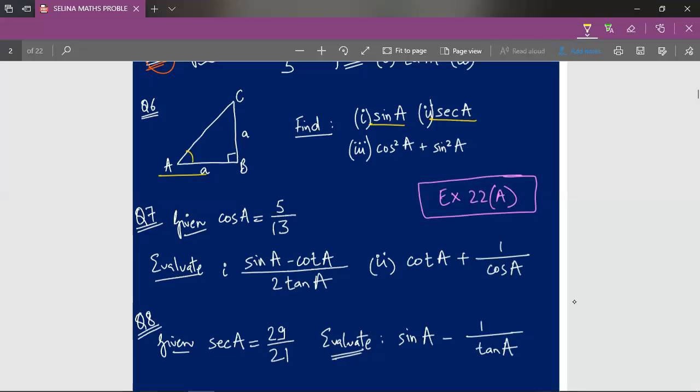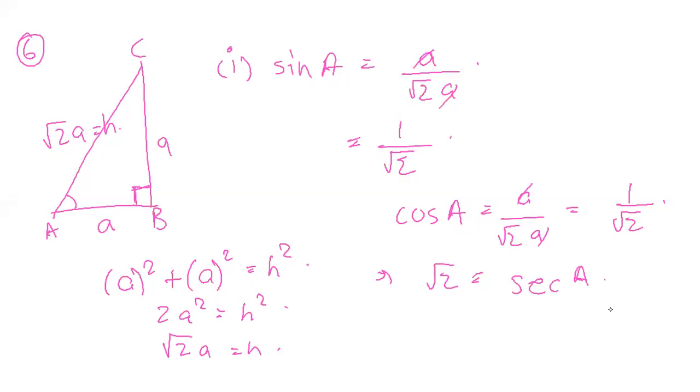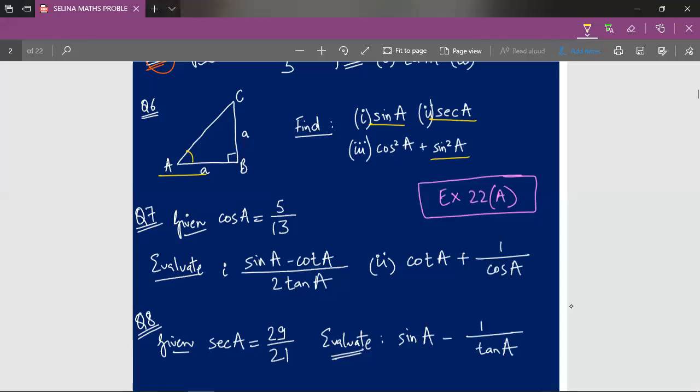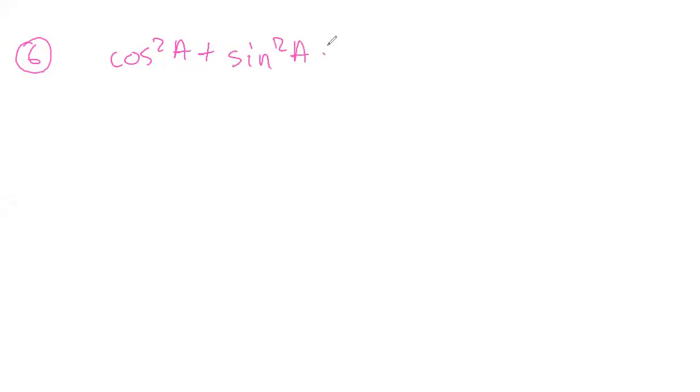That is cos square A plus sine square A. So cos square A plus sine square A basically means, I'll clear all of this. Cos square A plus sine square A. So I'll draw a figure and we label our triangle.